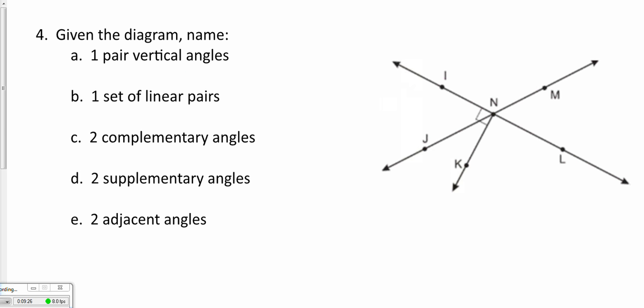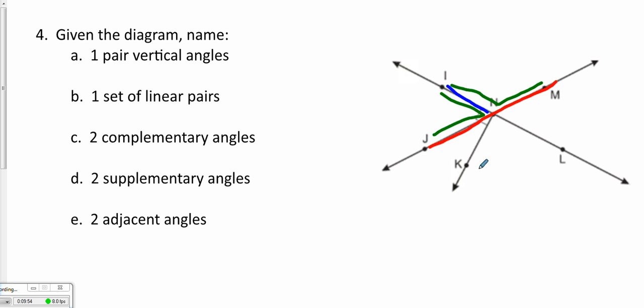So again, think of where do you see straight lines. Here's an example of one straight line that is cut by this ray. So one example of a linear pair is INJ, or J and I, however you want to name that, and INM, or M and I, again, however you want to name that. These two angles add up to 180, so that would count as a linear pair.